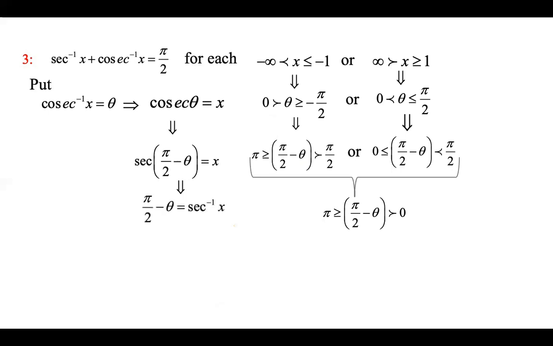Therefore, I can invert that. Now I am inverting: pi by 2 minus theta is secant inverse of x. That is the same as pi by 2 minus cosecant inverse x is equal to secant inverse x. Therefore, secant inverse x plus cosecant inverse x is equal to pi by 2. So these are exactly the points. This way, a student or our mind can convince itself like that.